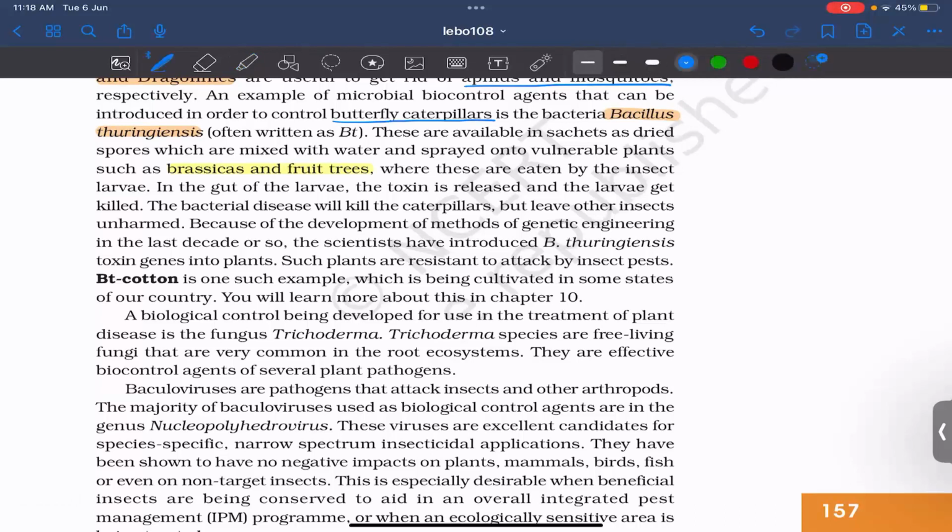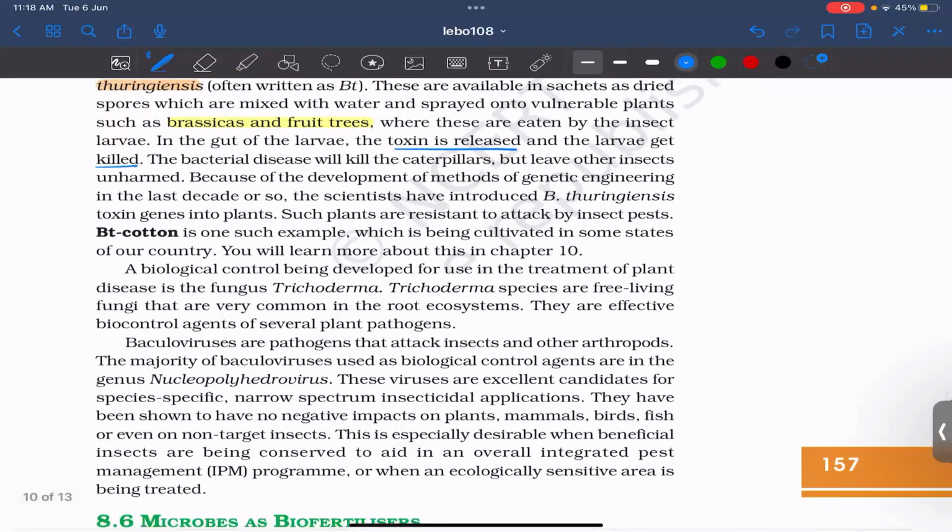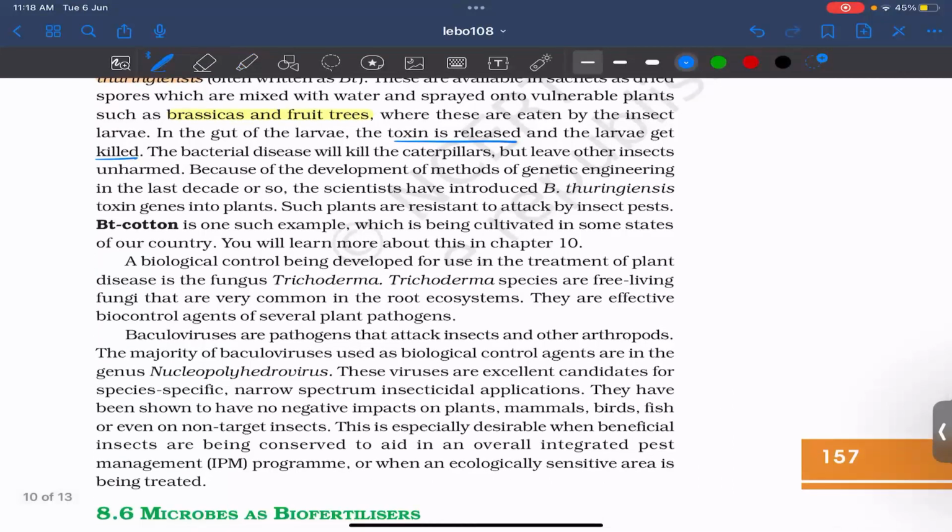And when they're eaten by the insect larva, the Bacillus thuringiensis spores are taken in by the larva, and in the gut of the larva they release toxin, and the larva gets killed. The bacterial disease would kill the caterpillars but leave other insects unharmed. So this is a targeted approach.